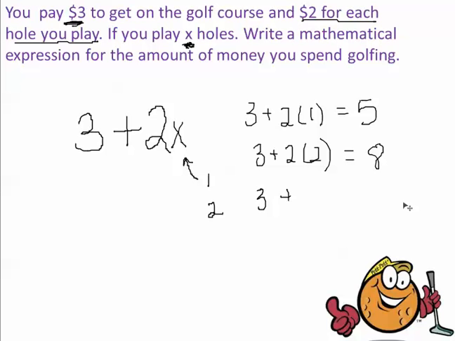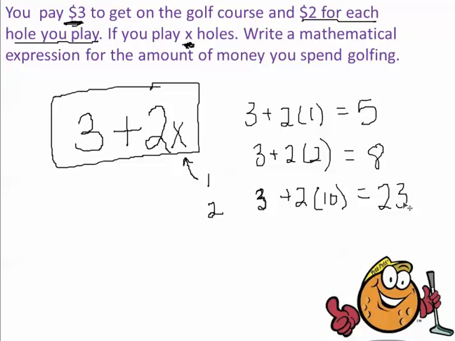And this is why an expression becomes really important to us. What if I play 10 holes of golf? Then it would cost me $23 because I had to pay $2 for every hole I played, and then after I multiply, I add. So here's a good expression that says $3 plus $2 for every hole that I play.